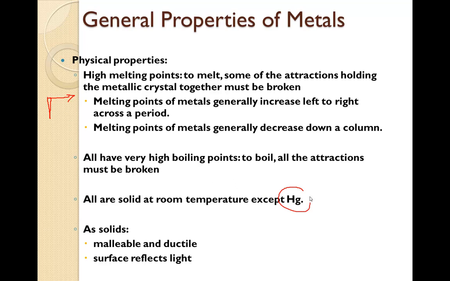And as solids, they're malleable and ductile. Malleable means that they're able to be bent and shaped, while ductile means they're able to be pulled into a wire. And then the surface reflects light.